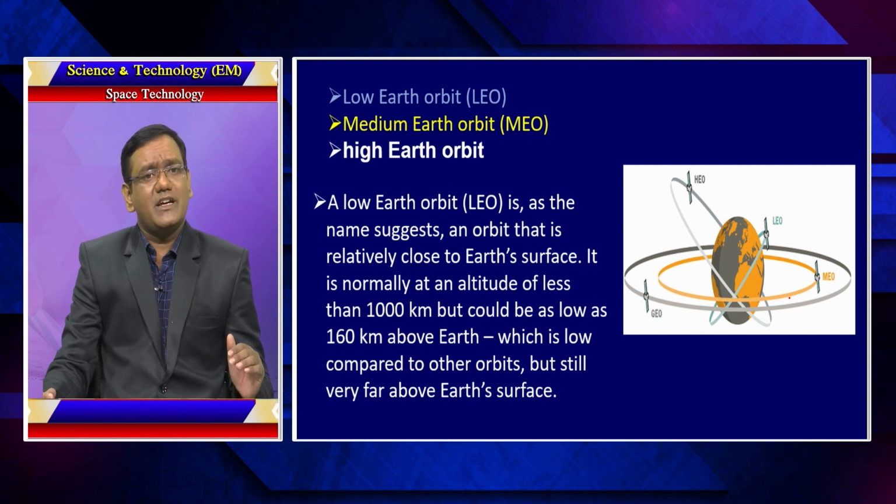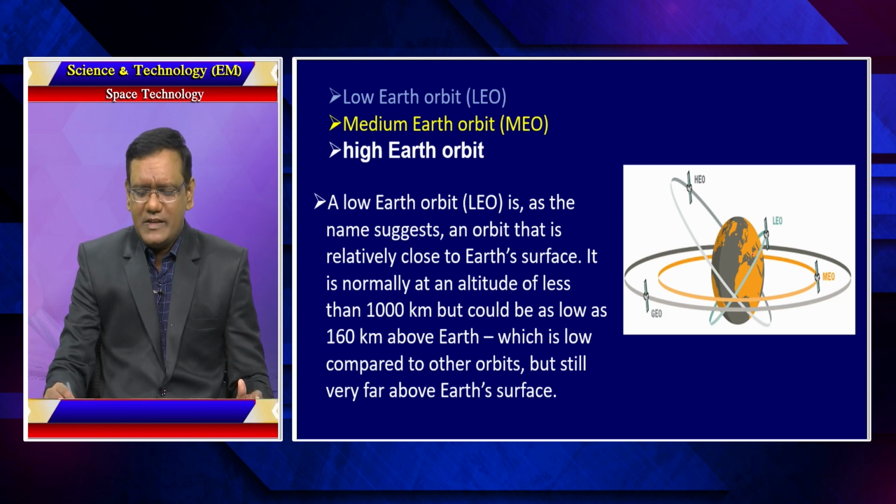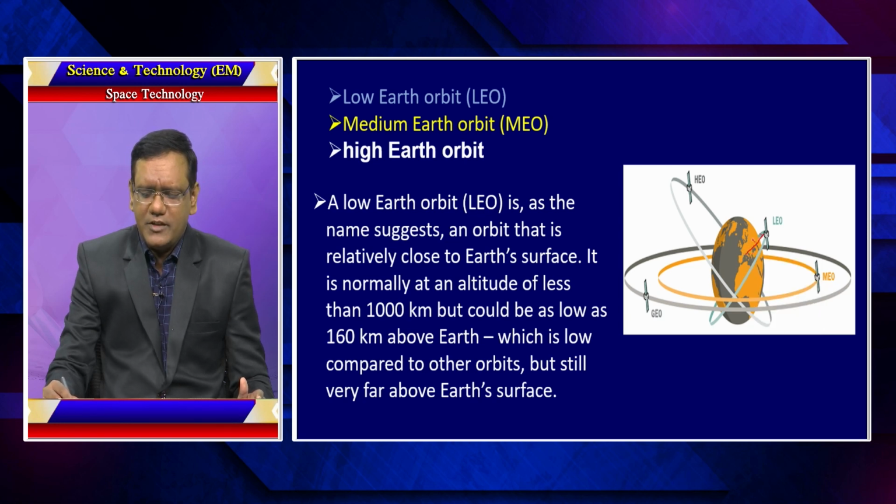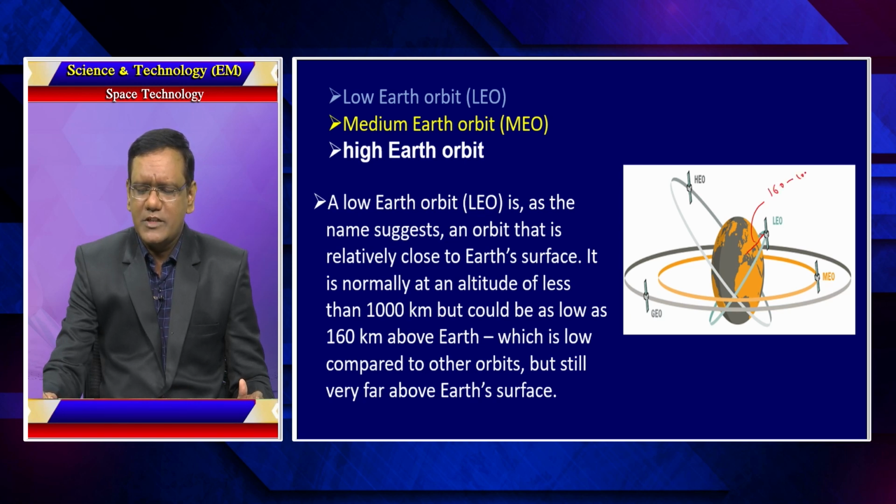It is normally at an altitude of less than 1000 kilometers, but it could be as low as 160 kilometers above the Earth. If you look at this here, the height would be anywhere between 160 to 1000 kilometers.